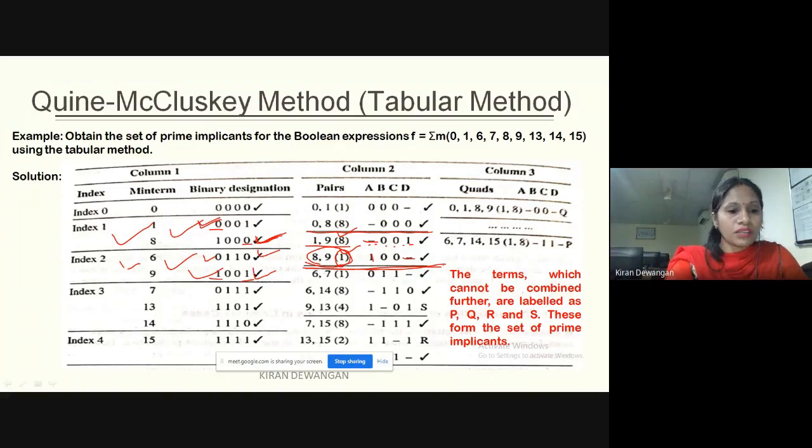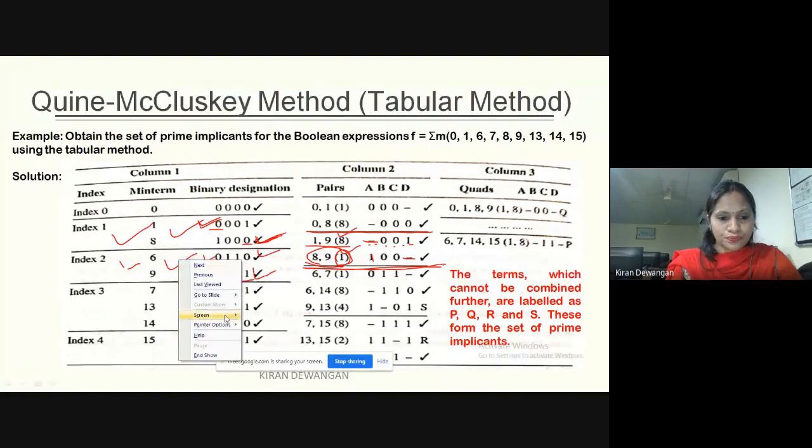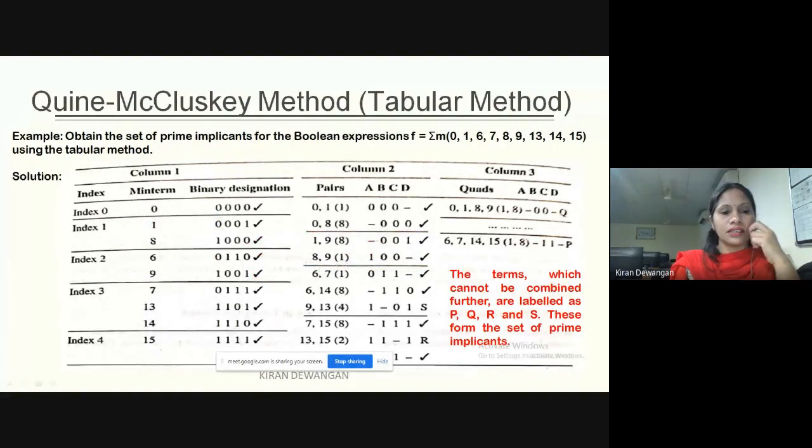Now we'll check the terms of index 2 and index 3. Now we have 6 and 7. Will 6 and 7 form a pair? Yes, 6 and 7 will form a pair because they differ by only 1 bit, and that is the position of 2 to the power 0.